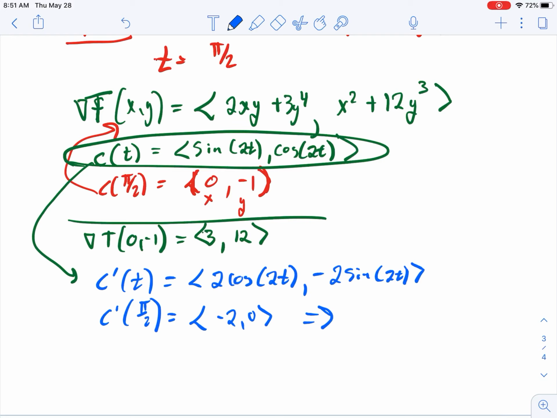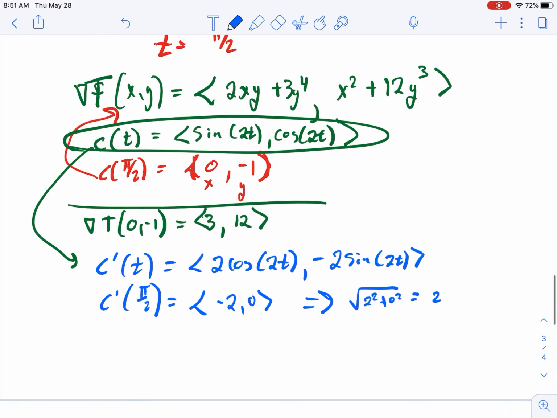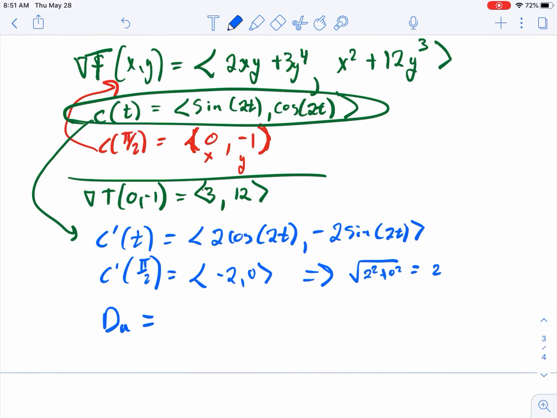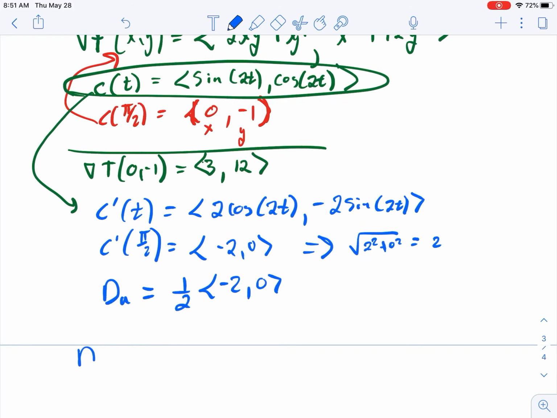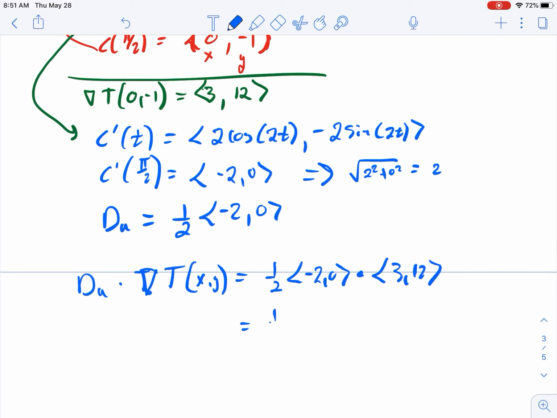Now, I do have to find my directional derivative, so I need the magnitude of this. So 2 squared plus 0 squared would be 2. So my directional derivative direction would be 1/2 of (-2, 0). So now we can go ahead and multiply it by my other vector. So find D_u T of x, y. So my direction is 1/2 (-2, 0), dot it with (3, 12).